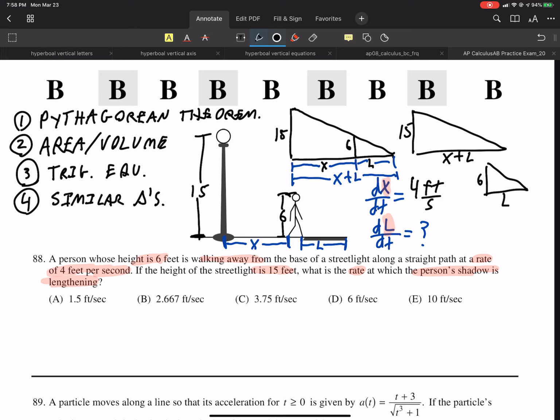And so these triangles are similar. Therefore, all their sides are in proportion. So we know that, let's do it this way, x plus L is to L as 15 is to 6.